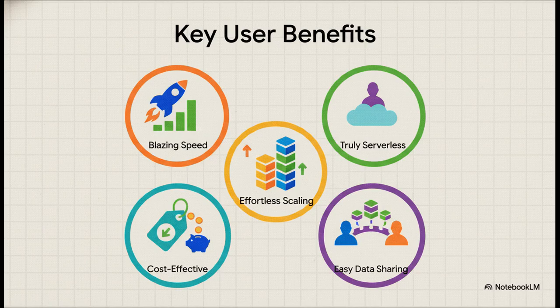It's truly serverless and scales effortlessly, meaning a tiny team can build a recommendation engine that rivals Netflix without needing an army of engineers. It's cost-effective, so startups can afford to do complex analysis, not just giant corporations. And because the storage is separate, you can share massive datasets with other people without ever having to make a copy. It is, no exaggeration, a total game changer for data analytics.